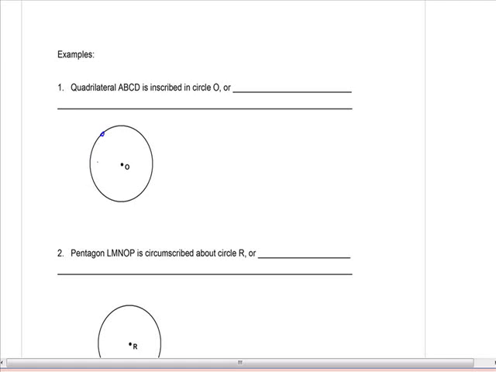So that means the vertices are on the circle. Now, it didn't say that it's a square or any type of quadrilateral, so I just drew 4 vertices. And I'm labeling it A, B, C, D. Now, if quadrilateral ABCD is inscribed in circle O, what's the other way to say it using the other vocab word? Circle O circumscribes quadrilateral ABCD. Perfect. Or circle O is circumscribed about quad ABCD.